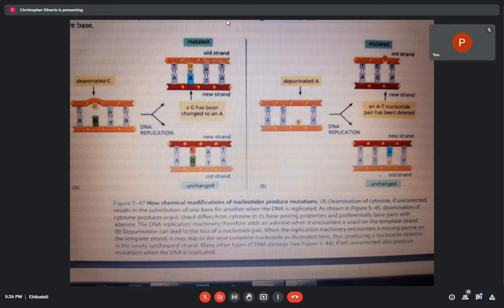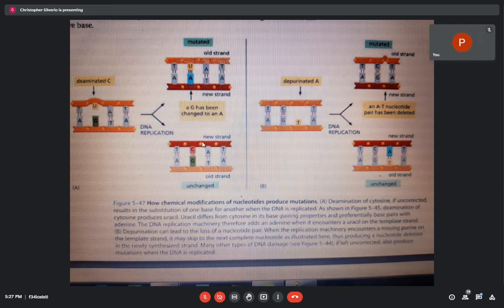But the strands containing the uracil will be continuously synthesized from cell to cell generation. In other words, every time there is replication, the cell will be carrying an abnormal DNA.